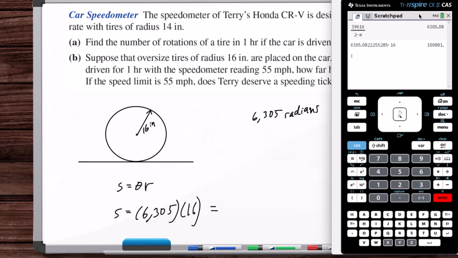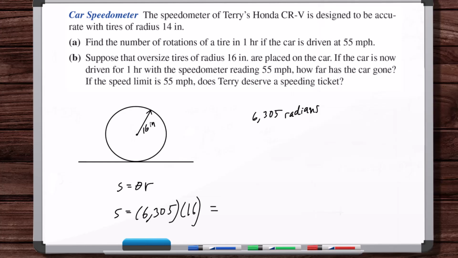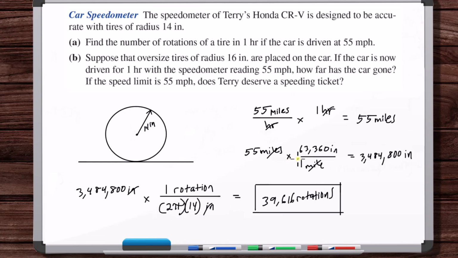About 100,881, and that's inches. Okay, but we want that in miles. 63,360 inches for every 1 mile.